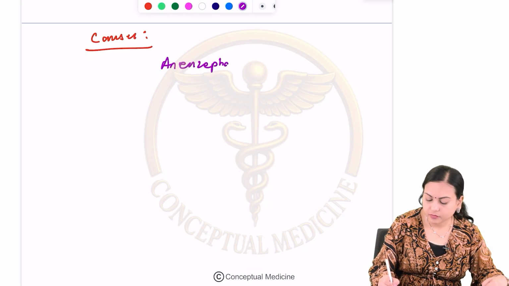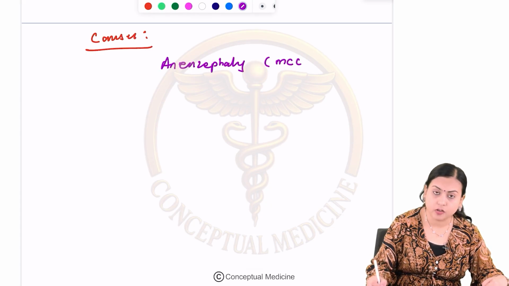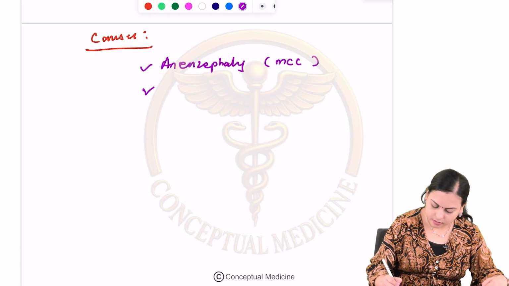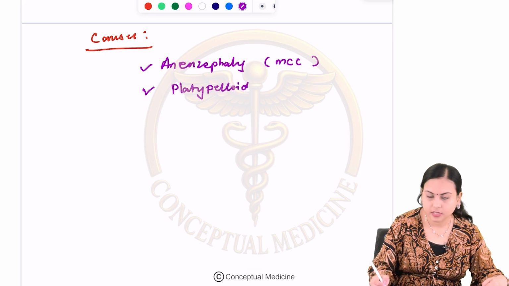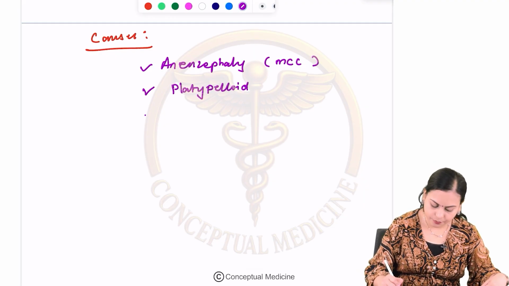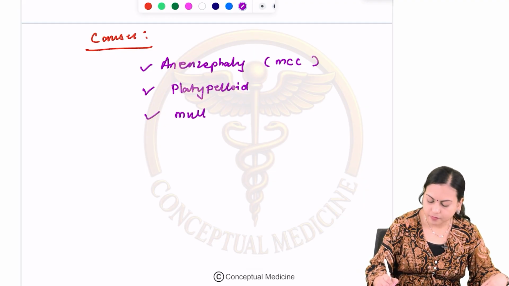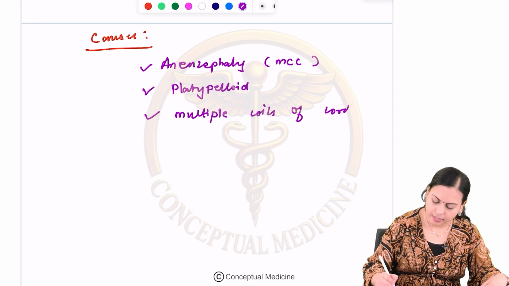Causes include anencephaly, which is going to be the most common cause. This is followed by the type of pelvis. Okay, platypelloid pelvis has a high risk for face presentation. That can be followed by multiple coils of cord around the neck of the fetus.